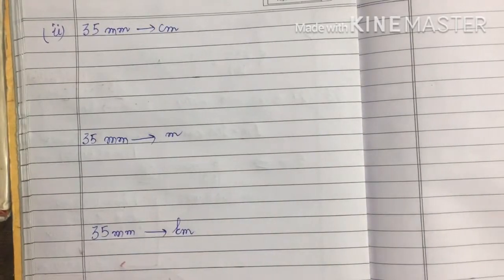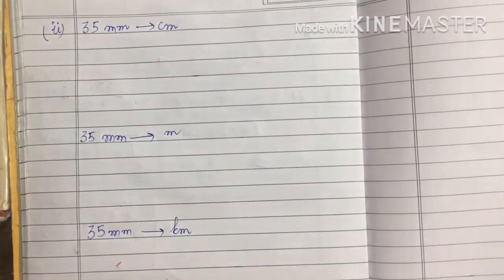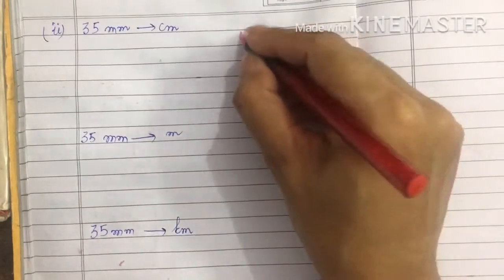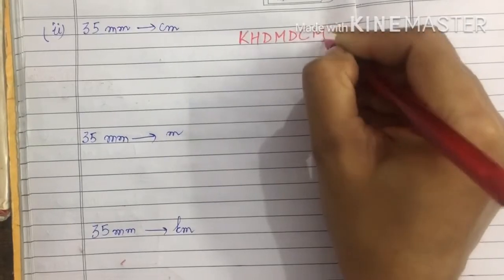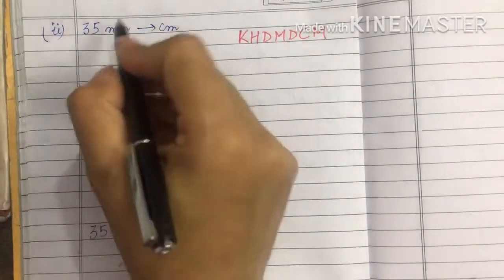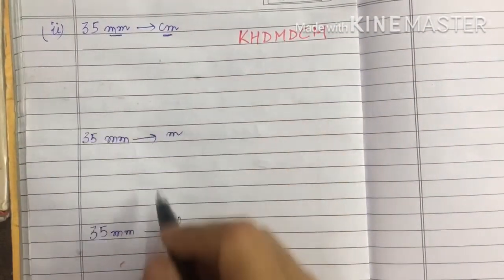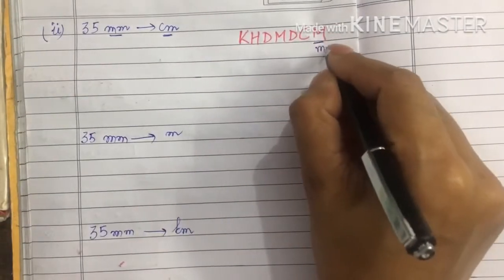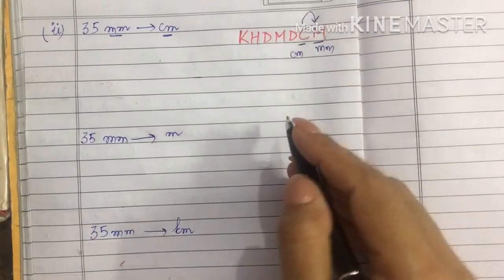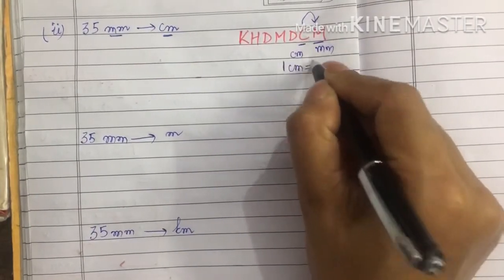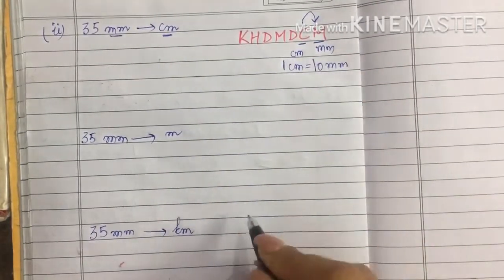Again, you could use the relation KH/dm/dcm to convert. So if we use this KH/dm/dcm, so what do I have? I need millimeters and centimeters. So this is millimeters and this is centimeters. So there is only one jump. So 1 centimeter has 10 millimeters.